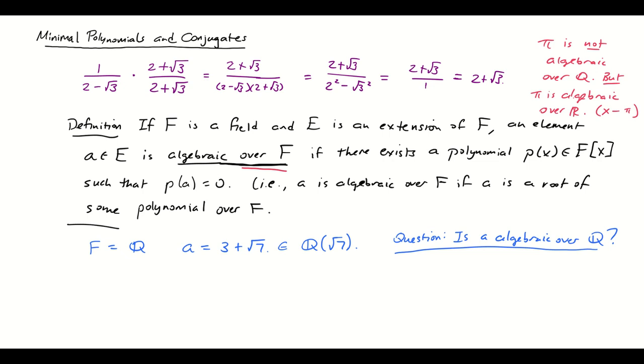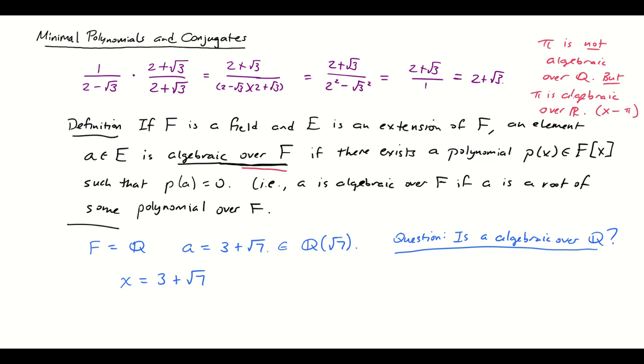We're going to try and answer that question. One way to investigate it is to stipulate that x equals 3 plus root 7, because we're going to try and come up with a polynomial in x over the rationals for which 3 plus root 7 is a root. If 3 plus root 7 were a root, I could substitute it for x and the whole polynomial would have the value 0.